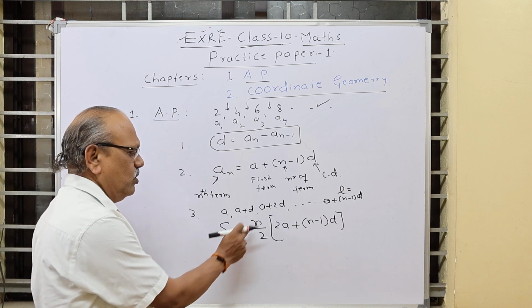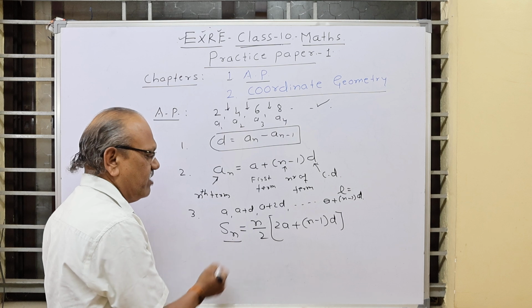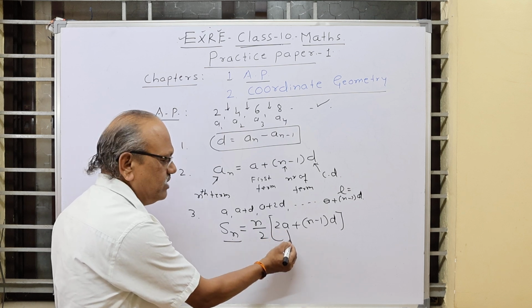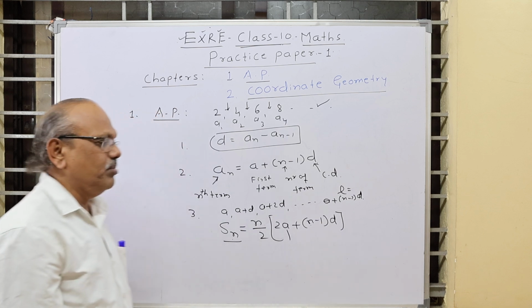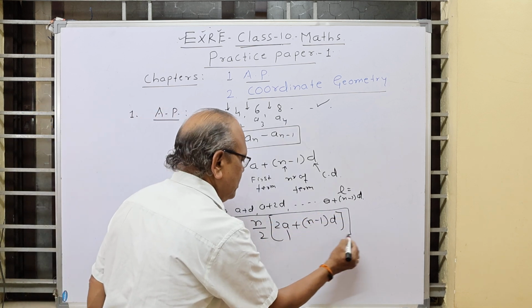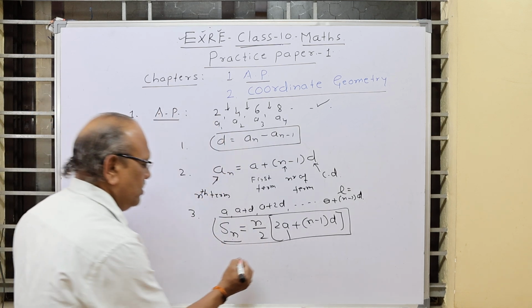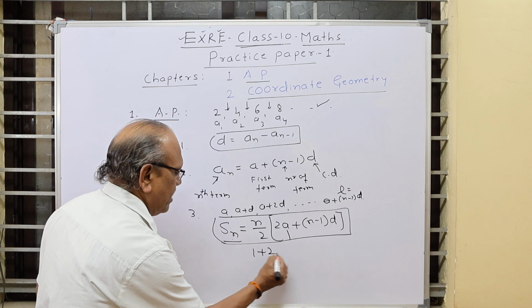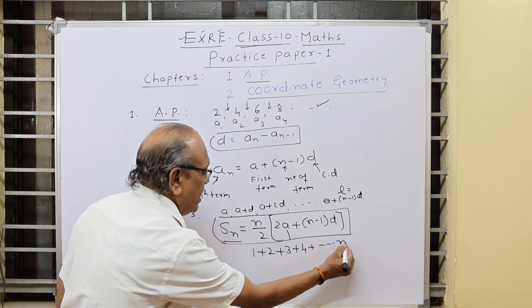Sn is equal to n by 2 into 2a plus n minus 1 into d, where n is the number of terms, Sn is the sum of n terms, a is as usual the first term, and d is the common difference. First of all, you have to recall the important formulas. Suppose the sum of natural numbers, 1 plus 2 plus 3 plus 4, and so on up to n.